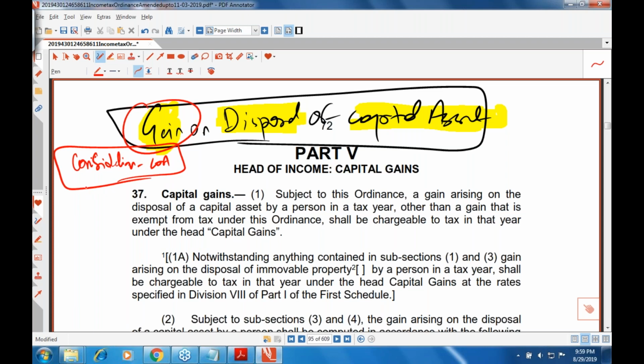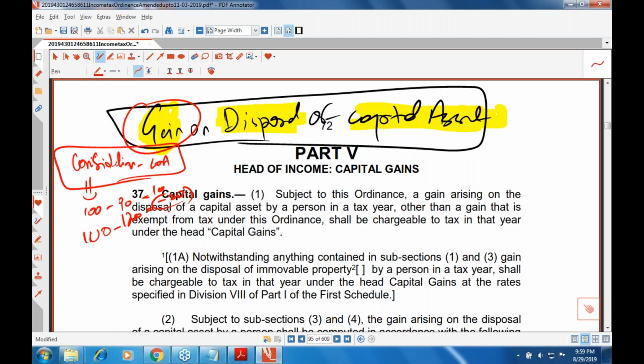So basically, if the consideration is 100 and the cost is, let's say, 90, you've got a gain of 10. If the consideration is 100 and the cost is, let's say, 120, then the negative 20 loss is also going to be considered as a gain, because as per the definition of the law, this is a gain. Although you'll not be charged any tax on this, this is what the gain is.